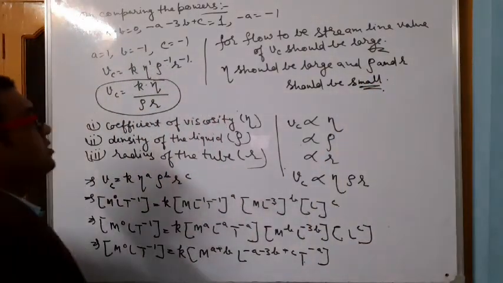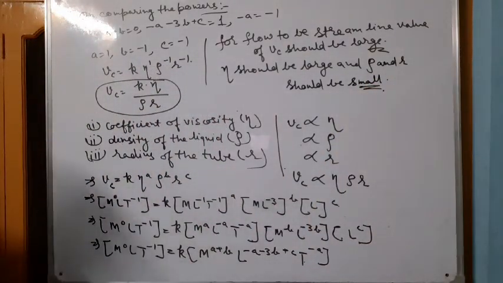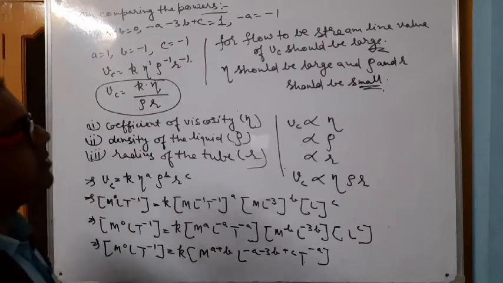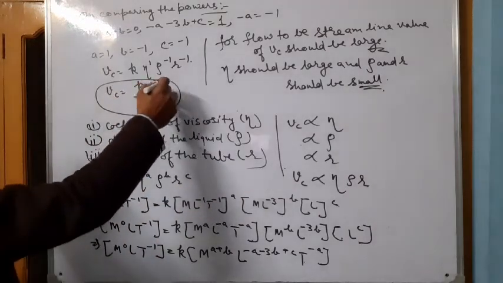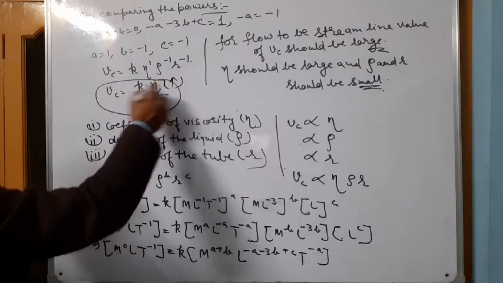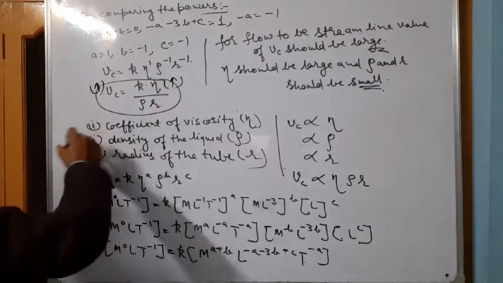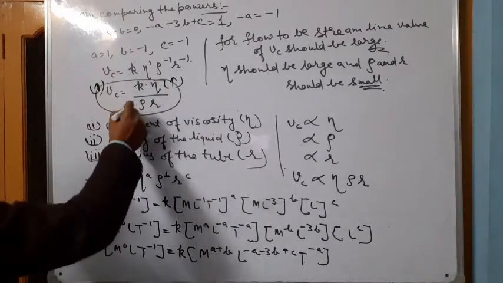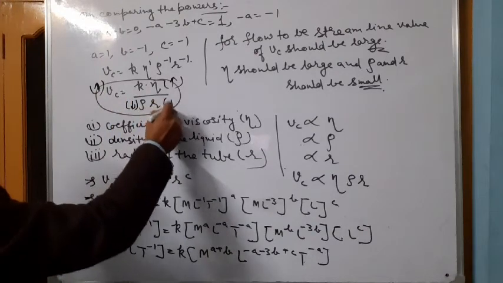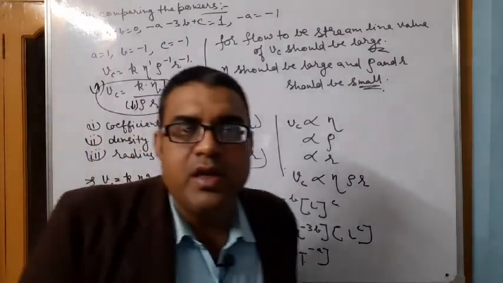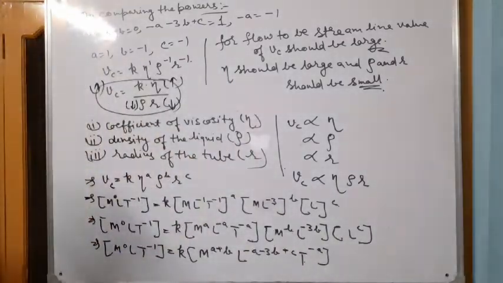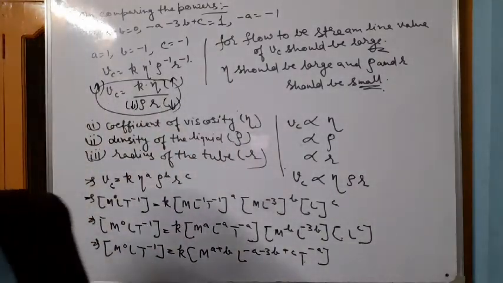Since Vc is directly proportional to eta, as eta is greater, Vc will be greater, and for that, these two things, that is density and radius of the tube, should be smaller. So this is the expression for critical velocity.